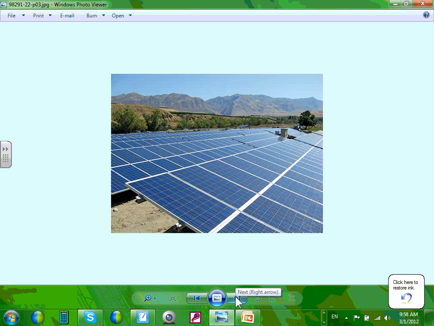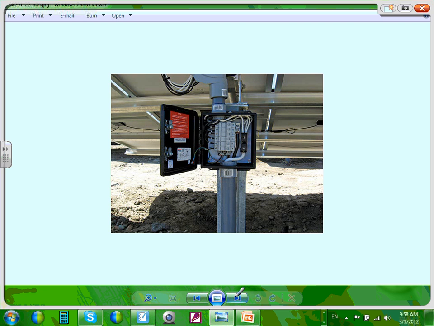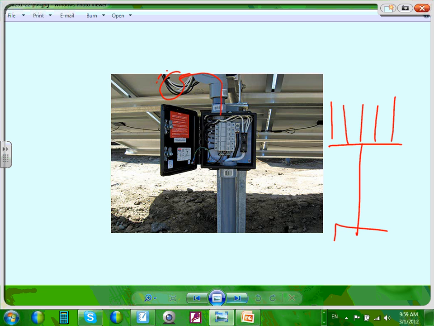Pictures of a couple of photovoltaic systems, guys, all these panels. This is my favorite. This is the combiner box. Can you guys see all these? All this stuff that you can see inside here, this is where you can put your diodes and also your fuses. Every one of these is coming from a combiner. It's combining all these wires coming from here, tying them together with the diode and coming out and going to the inverter.